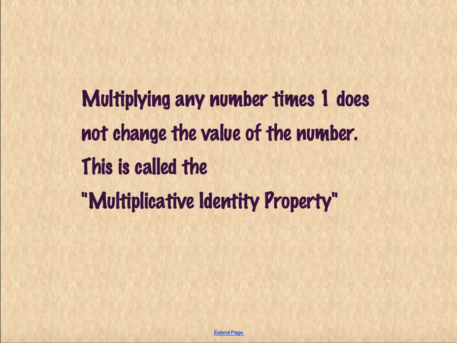The next thing you need to think about is that multiplying any number times 1 does not change the value of that number. This has a name. It's called the multiplicative identity property. It's hard to say. It just means that any number times 1 does not change the value of that number, no matter what.